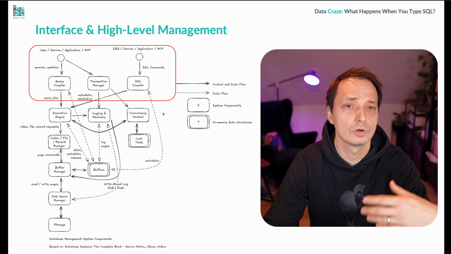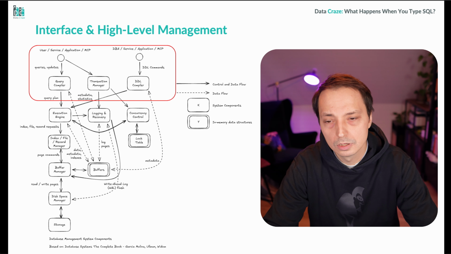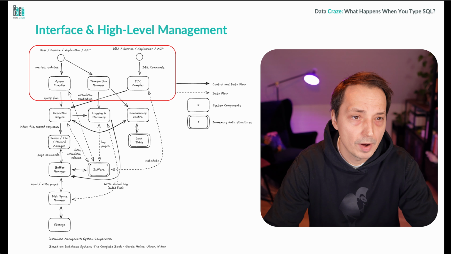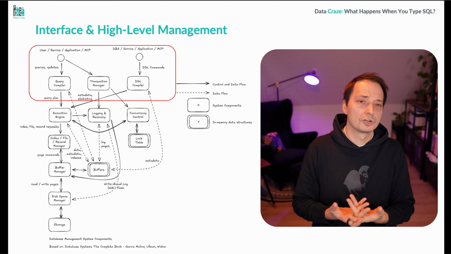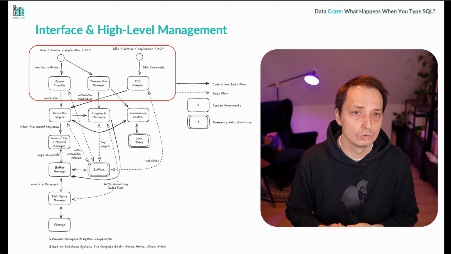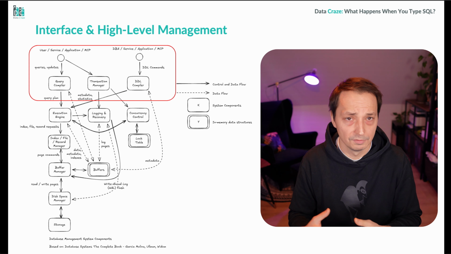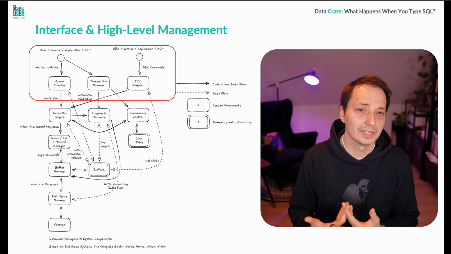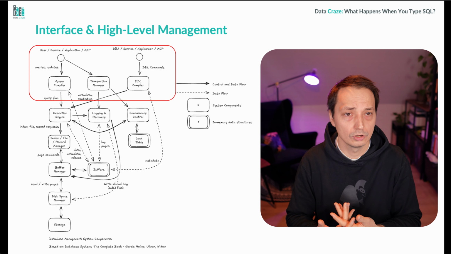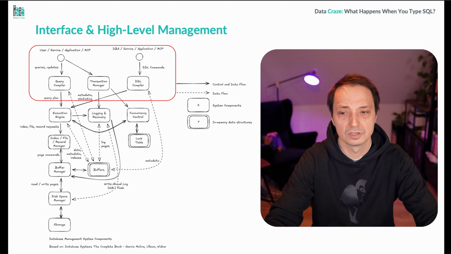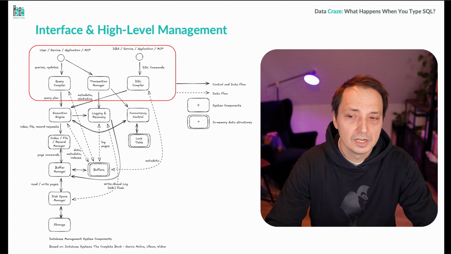So for instance, when you are doing create table, you will invoke the DDL compiler. The DDL compiler will check if you are even eligible to do this command, and whether the object that you want to create is inside of the database already or not, so that you can create this object, right?